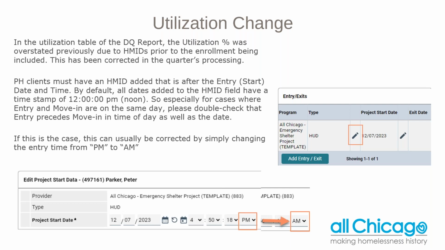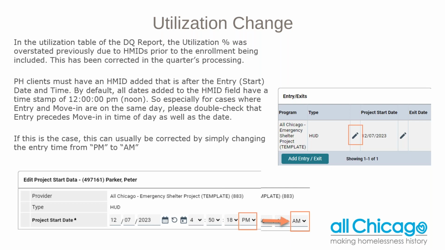By default, all dates added to the housing move-in date field in HMIS have a timestamp of 12 p.m. noon. Especially for cases where entry and move-in dates are on the same day, please double check that the entry precedes the move-in in time of day, as well as date.